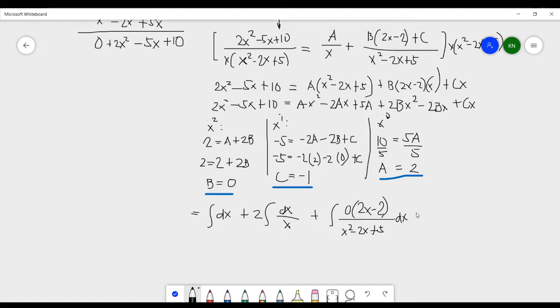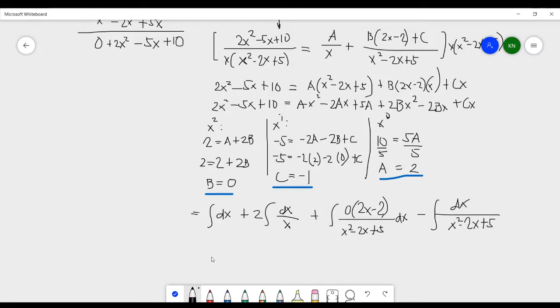Now we also have our c, the denominator of our c is x squared minus 2x plus 5. So since our c is negative 1, we need to replace that by a negative sign. And then we have the dx over x squared minus 2x plus 5.